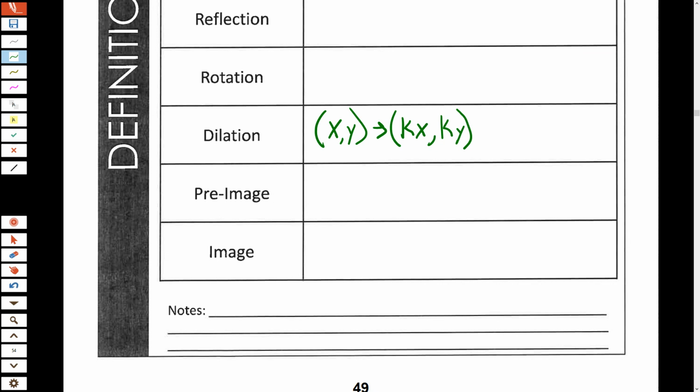And then I want you to write that it can either be an enlargement, which is k is greater than 1, or a reduction, where k is less than 1.